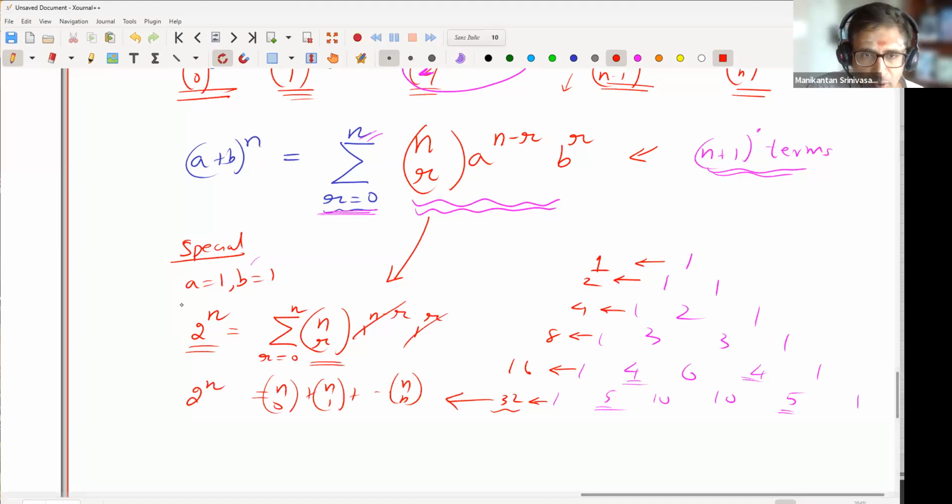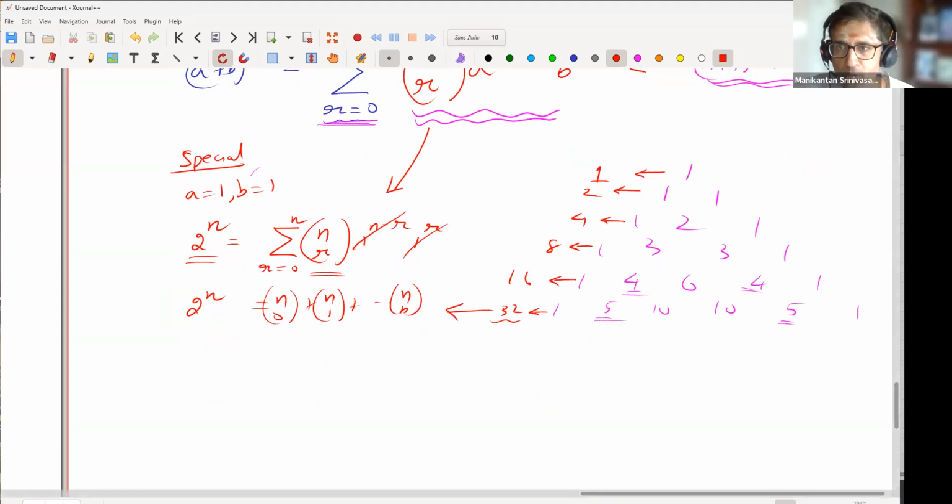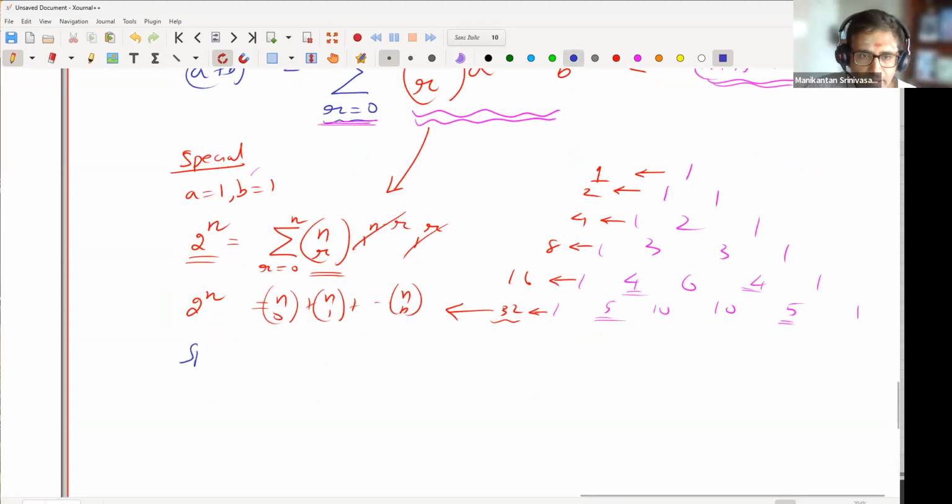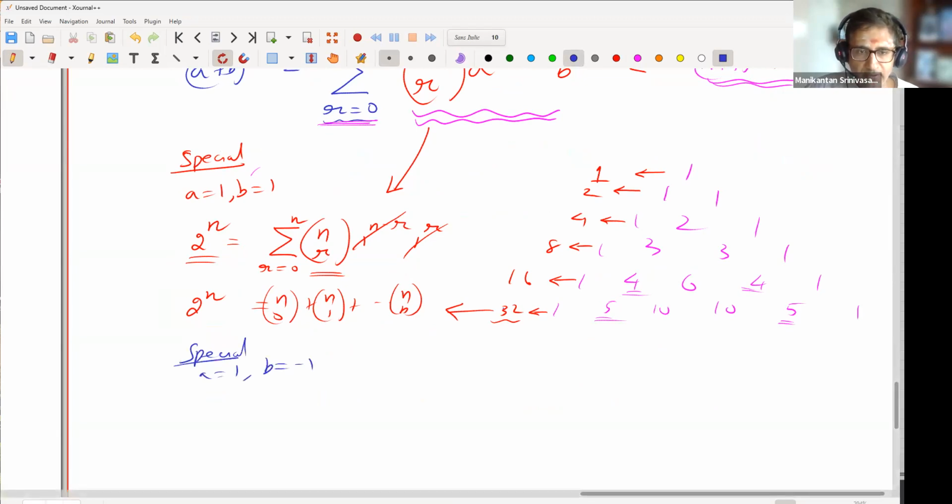Also, the other special case I can do is by putting a equal to 1 and b equal to minus 1. Then the left hand side becomes 1 plus minus 1 whole power n, which is 0. And the right hand side becomes again n choose r.